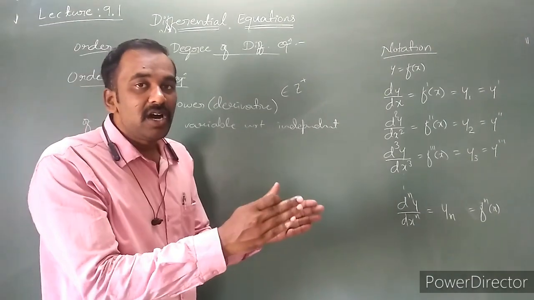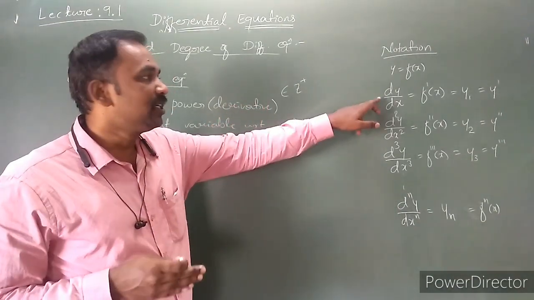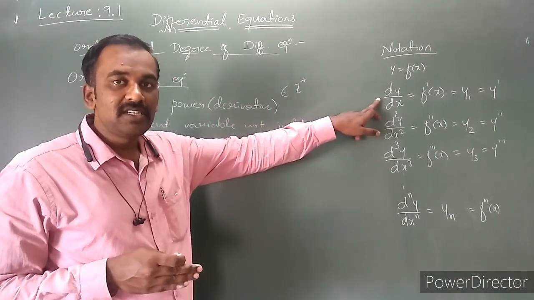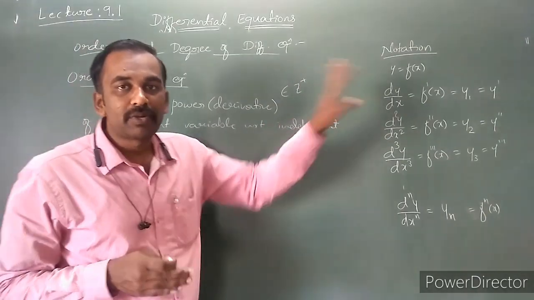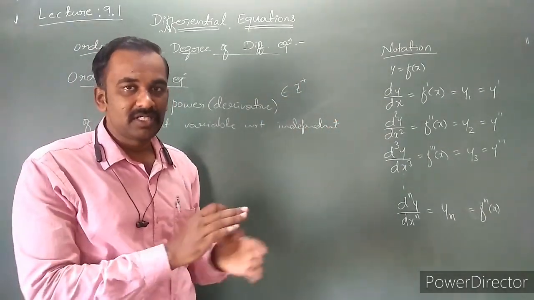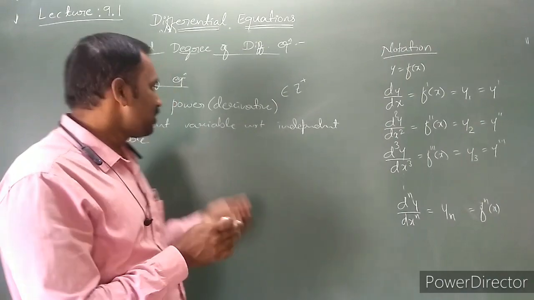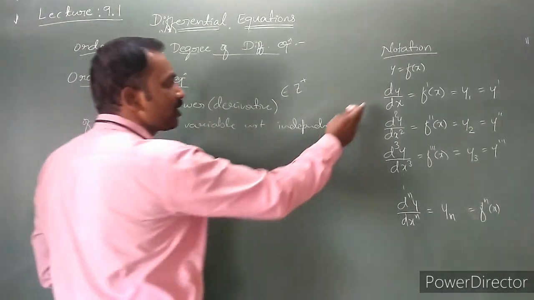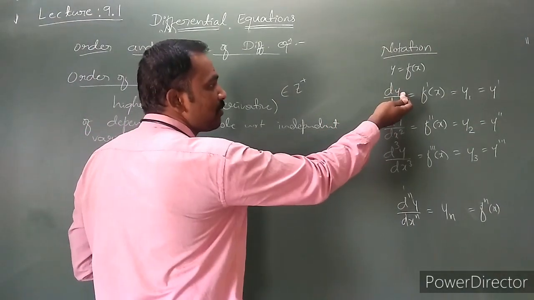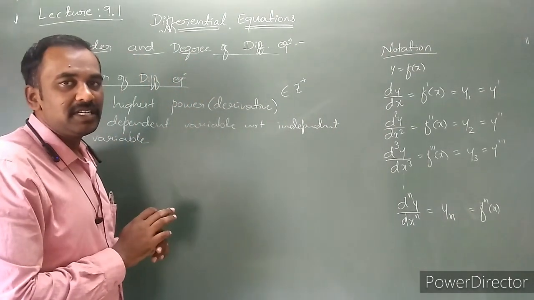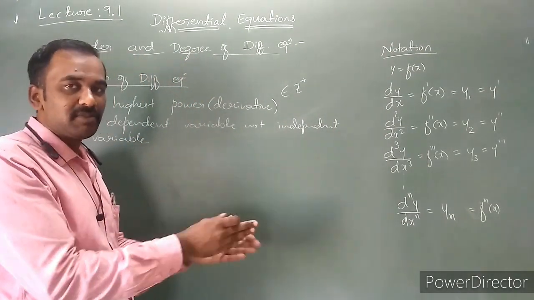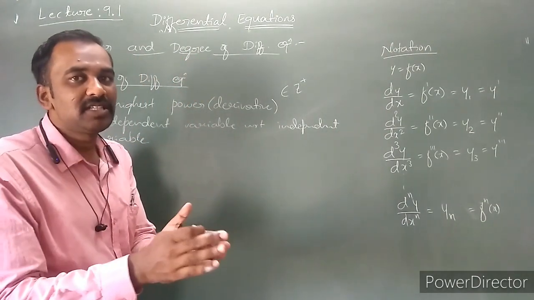Order means the highest power of the derivative present in the given differential equation, or the highest power of the derivative of the dependent variable with respect to the independent variable. You can remember it in either manner.